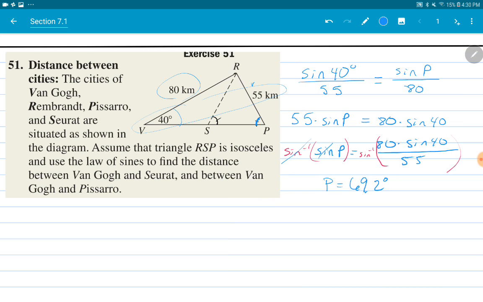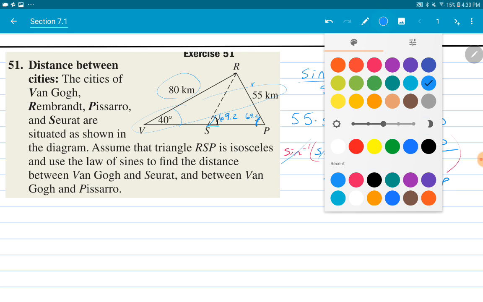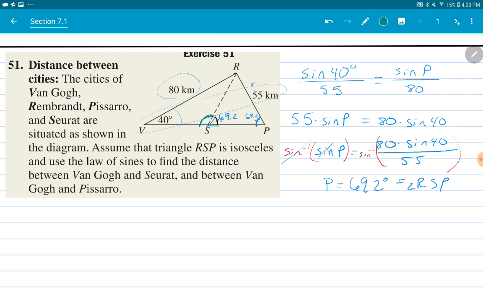Now this is an isosceles triangle, so I also know that angle RSP, this guy, is going to be that 69.2. That means this other angle, RSV, is the supplement to 69.2.